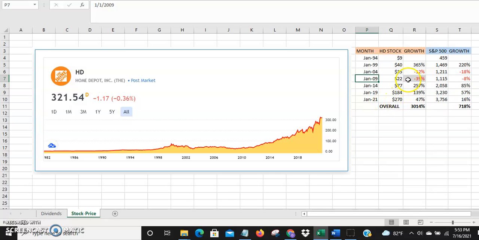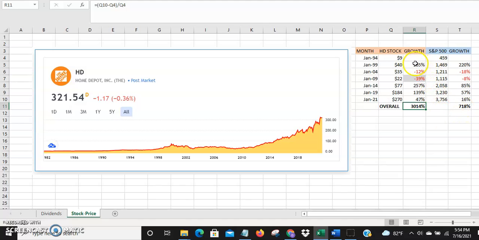So if you compare with the S&P 500, here are the S&P 500 index numbers just for reference. Home Depot in these 26 years has returned 3014%, compared to the S&P 500's only 718%.